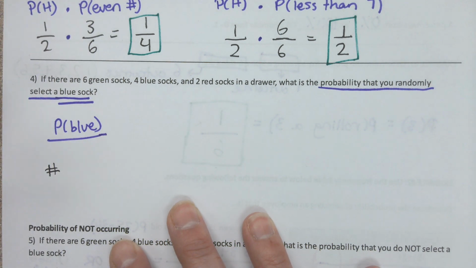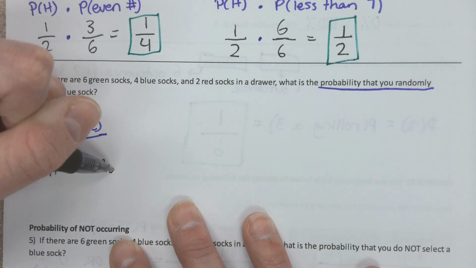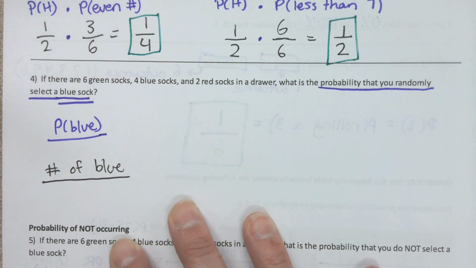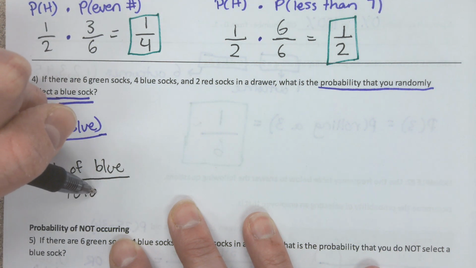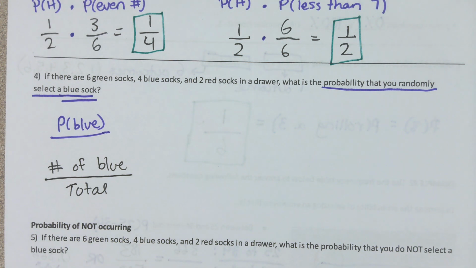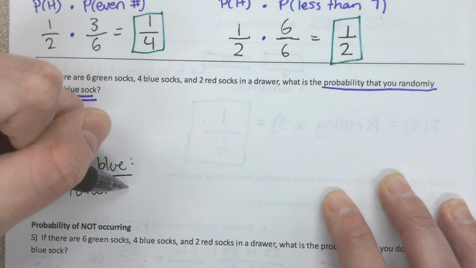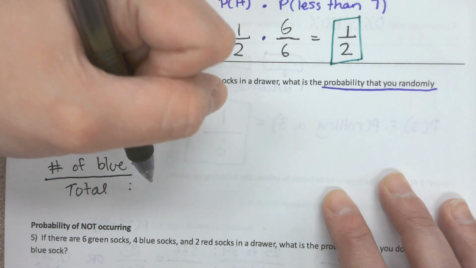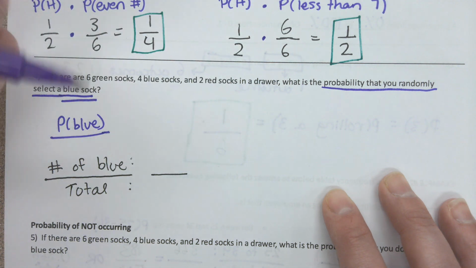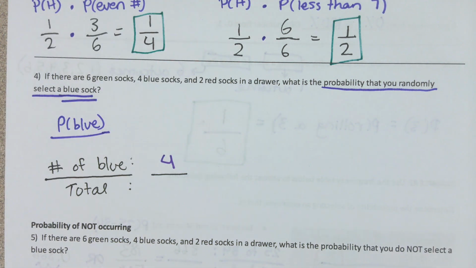Setting up our fraction, we want the number of blue socks over the total number of socks. There are 4 blue socks. That was given to us.